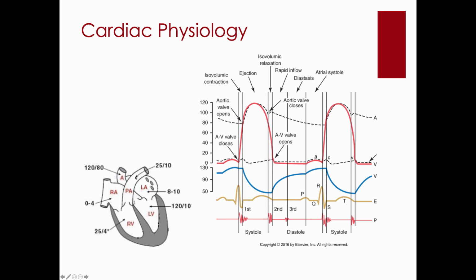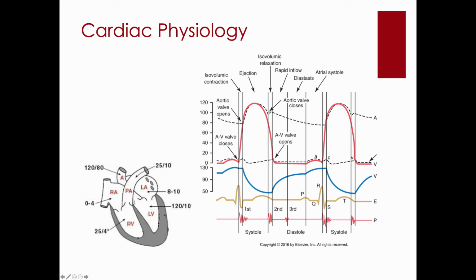Now the blood goes to the lungs and gets oxygenated and dumps off all of its CO2 and goes to the left atrium. And now we have all of this left atrial blood coming in here. Look what the pressure is. It's 10, right? The left atrial pressure is the same as the pulmonary artery pressure, both 10. Now the mitral valve opens and the blood dumps into the left ventricle.